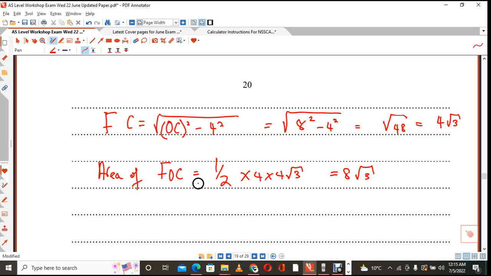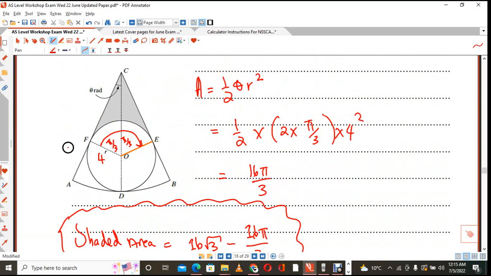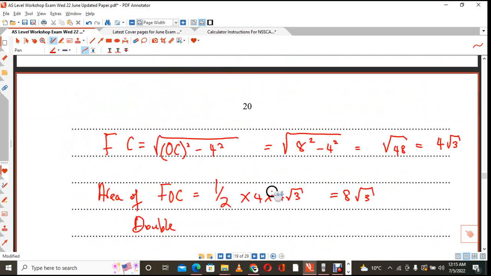So that is going to be now the area of half a sector. So double that, okay? So double, so that is FOC. So if I go back to my diagram, remember, FOC is just this one right angle triangle. So double that to give me FOEC, like what I did previously.